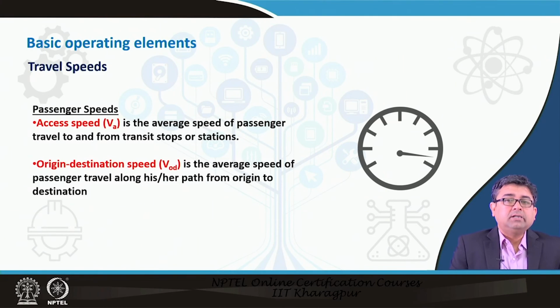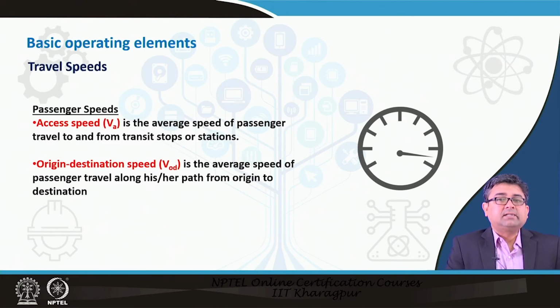Then the origin destination speed is the average speed of the passenger travel along his or her path from origin to destination. Now, this is the total origin to destination speed, which will also have access speed and speed on the transit line. We have already looked at speed on the transit line.